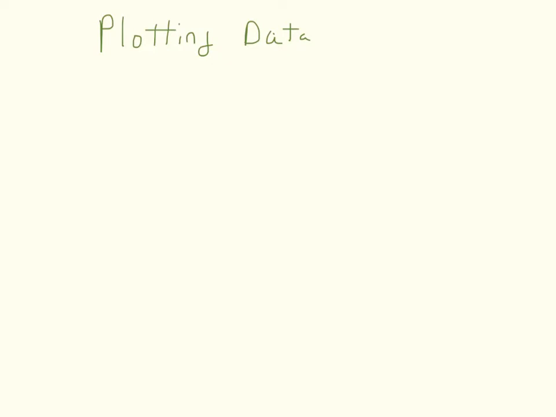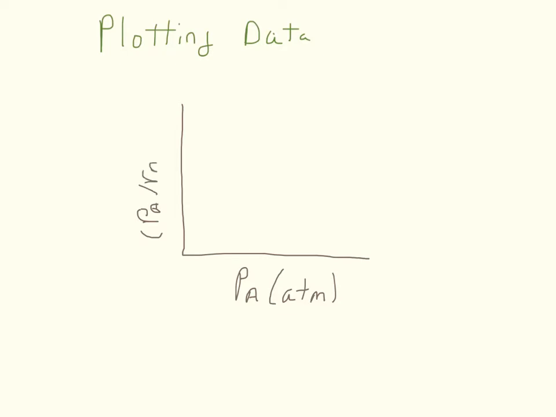Once we've calculated the partial pressure divided by the rate and then squared that, we can plot that versus the partial pressure, and you'll have to look at my solution to see a neat copy of this. Basically we have a graph with the partial pressure, and we want to include the units, atmospheres, on the x-axis, and the y-axis is the partial pressure over the rate, squared.